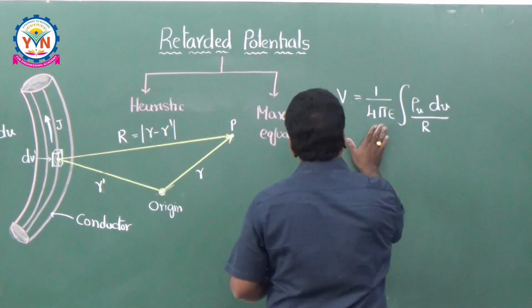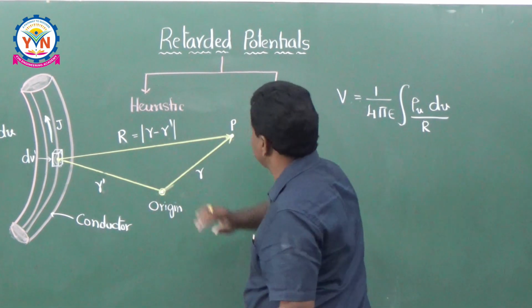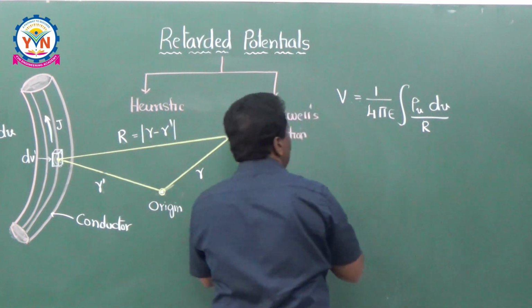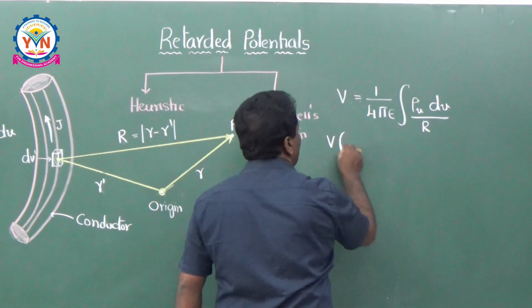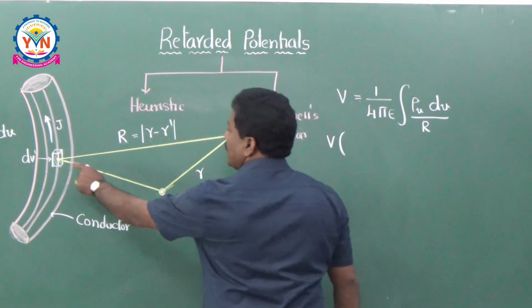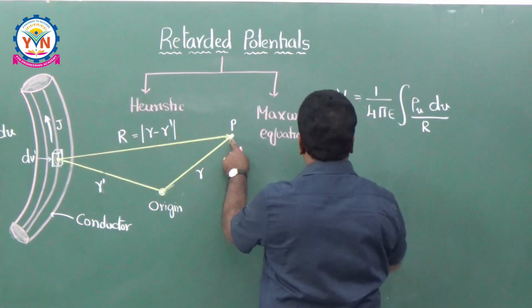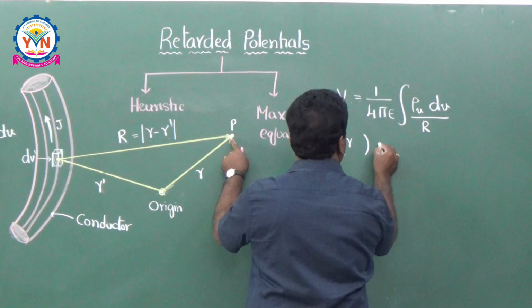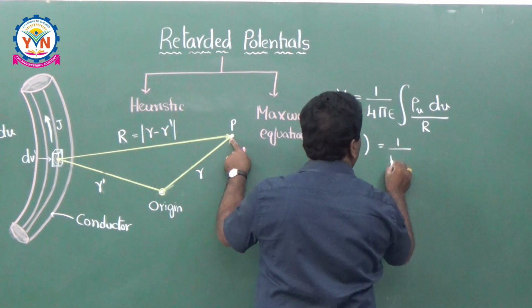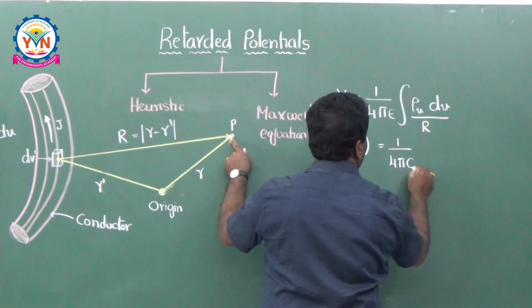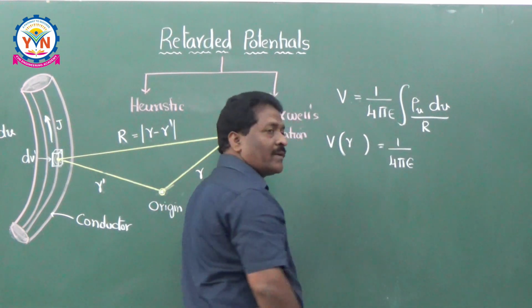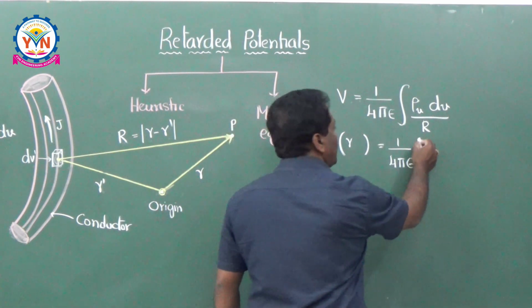Now the same equation I would like to write for this figure. The potential at a distance r: I am observing the potential at a distance r from this origin. So V of r is equal to 1 by 4 pi epsilon naught into, if it is in free space, epsilon naught, otherwise it is epsilon, into integral.